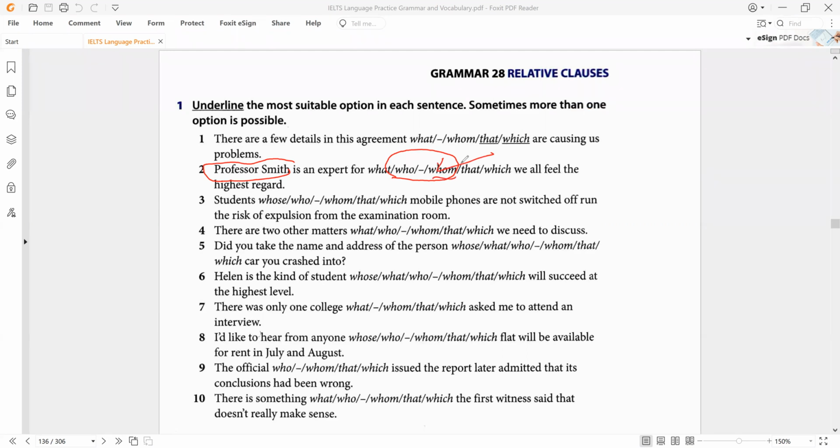3. Come on, come on, come on. Students' mobile phones. Whose? Yes. Mobile phones of the students. Mobile phones of students.